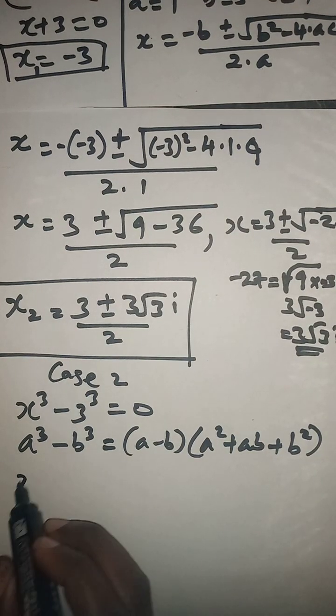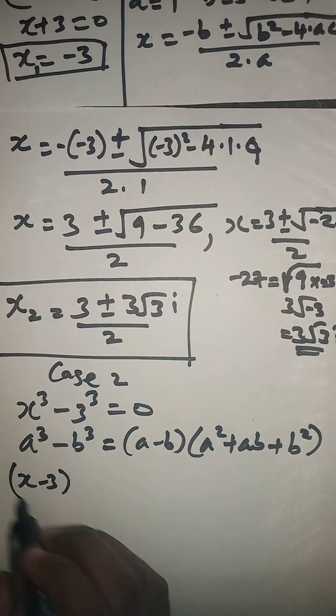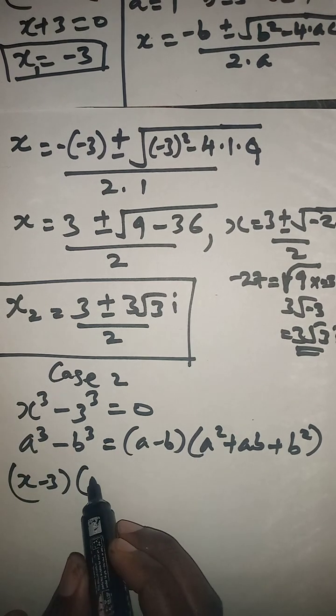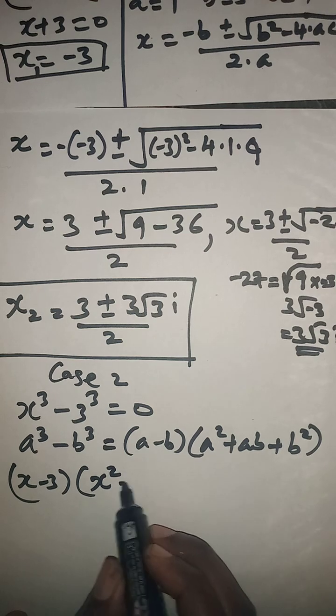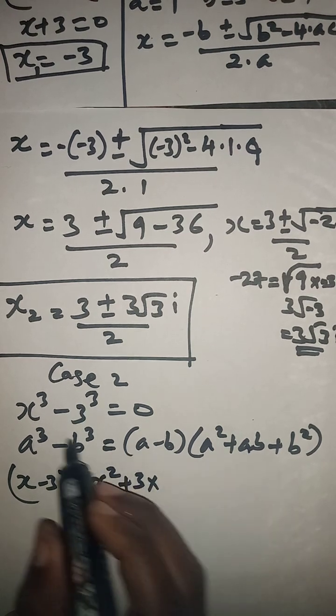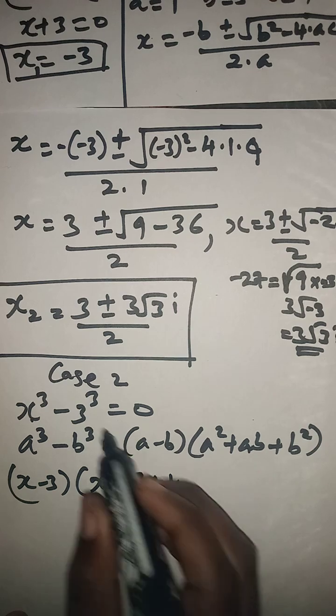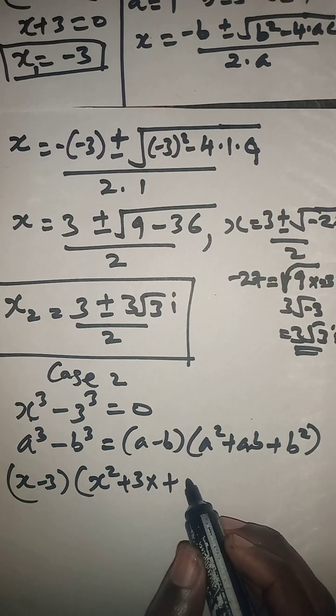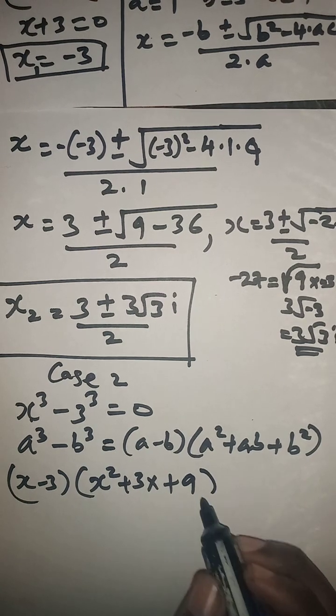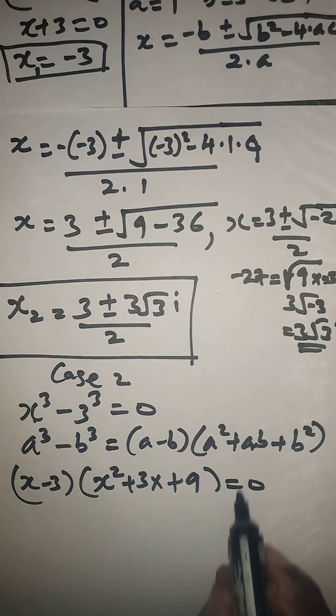Doing that, I'm going to get x minus 3 in bracket x squared plus 3x, of course ab, plus b squared, that is 9, is equals to 0.